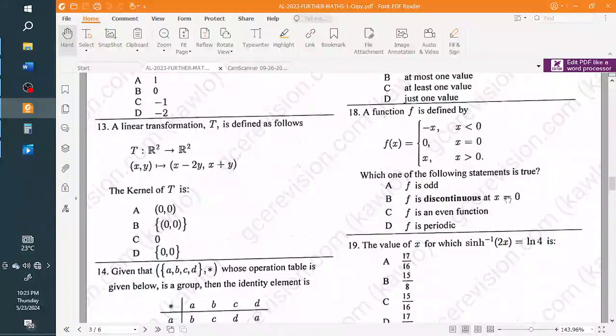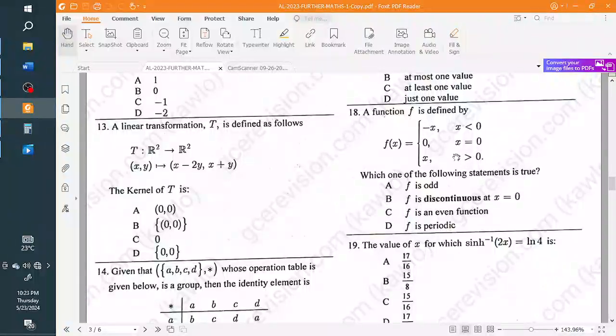The limit at 0 exists if the limit from below is equal to the limit from above. So the limit as x tends to 0 from below is 0, because you are just replacing this x with 0. If you are tending to 0 from below, then you are a negative value, so you are less than 0. So the limit at 0 from below is 0.